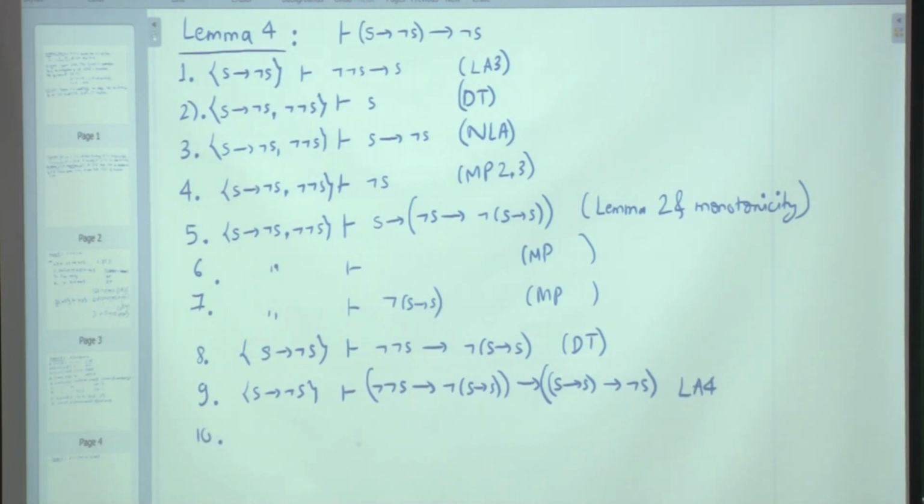So line number 10 will tell us that with the same left hand side we can conclude S implies negation S, and this is by MP on the above 2 lines, MP 8, 9. And line number 11, we still have to obtain S implies S, and how do we get that?